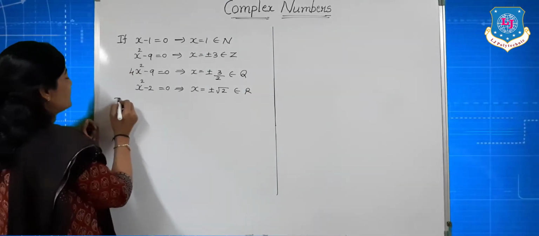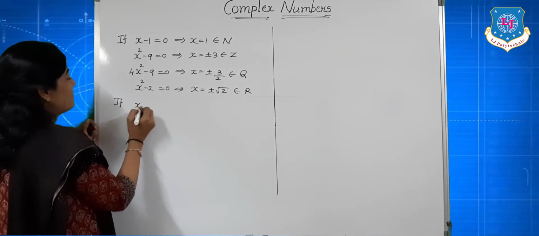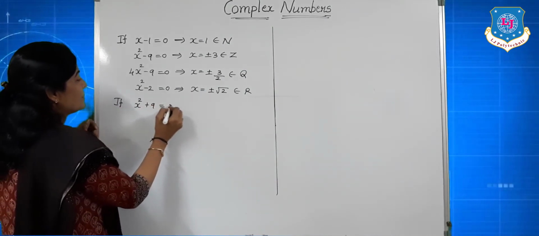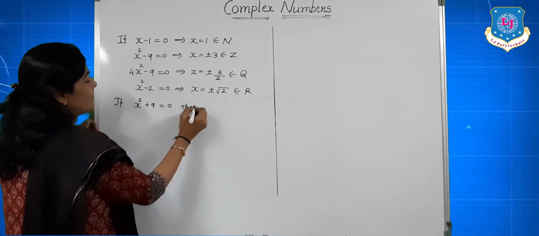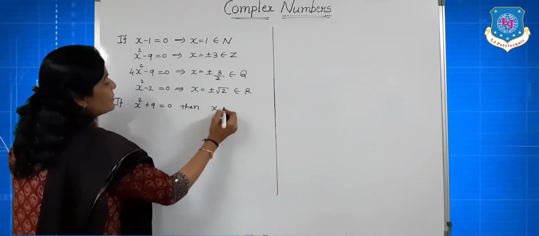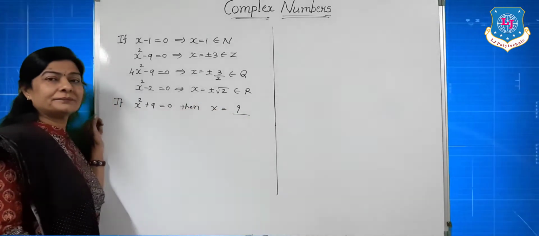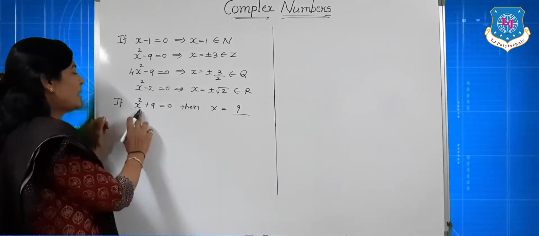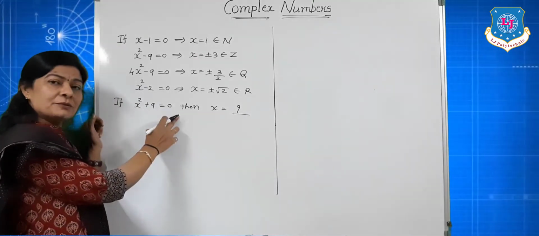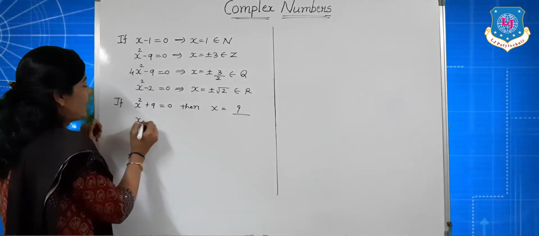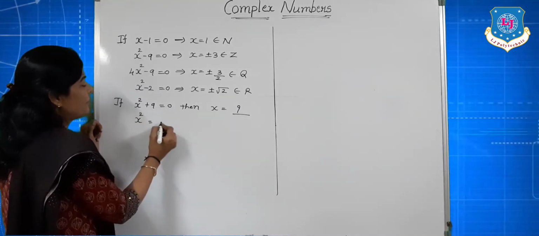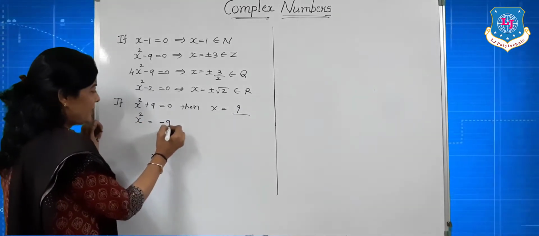But if x square plus 9 is equal to 0, then what is the value of x? Here x square plus 9 is equal to 0. So x square is equal to minus 9.